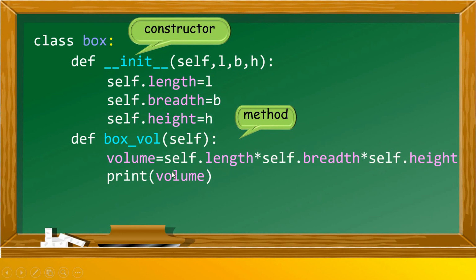That is, volume = self.length * self.breadth * self.height. Now my class is complete with a constructor and a method. I am ready to create an object.